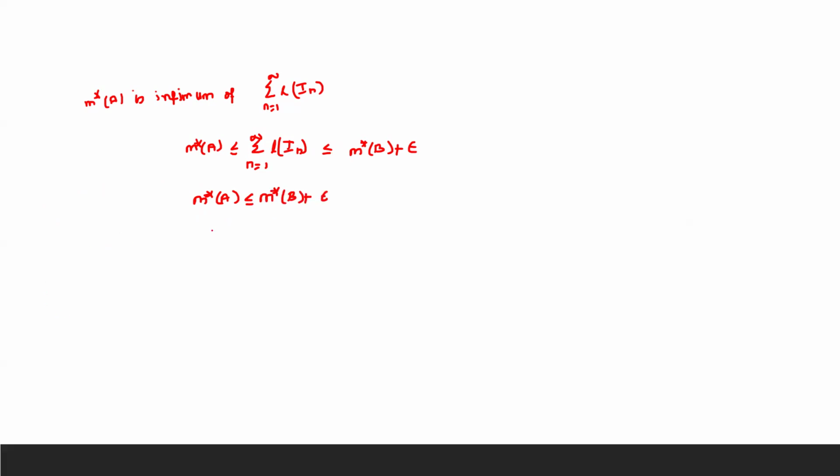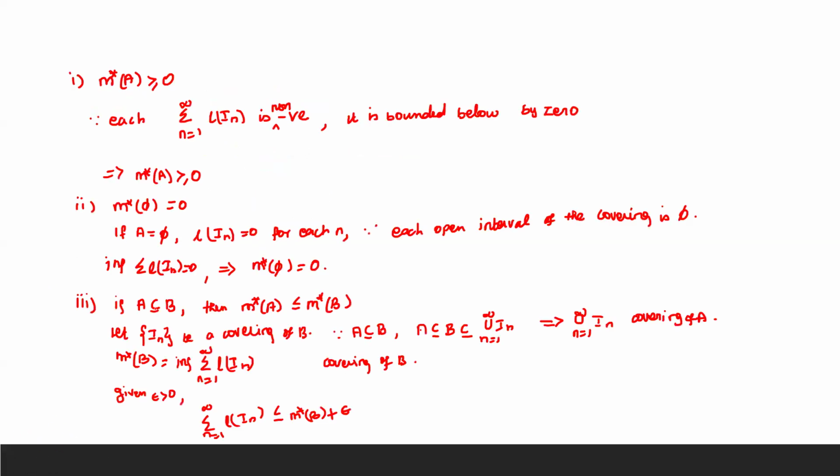Since epsilon is arbitrary, we can write the outer measure of A is less than or equal to the outer measure of B. This is what we need to prove. So here we prove if A is contained in B, then the outer measure of A is less than or equal to the outer measure of B.